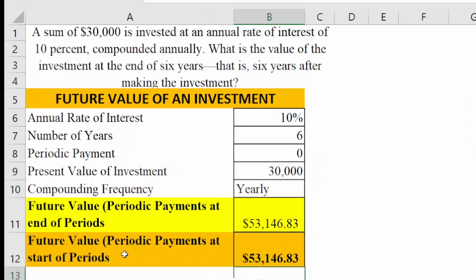So the future value will be computed. In this example, we are making no periodic payments, so it will have no effect on the formula. So the future value in this case will be 53,146.83.